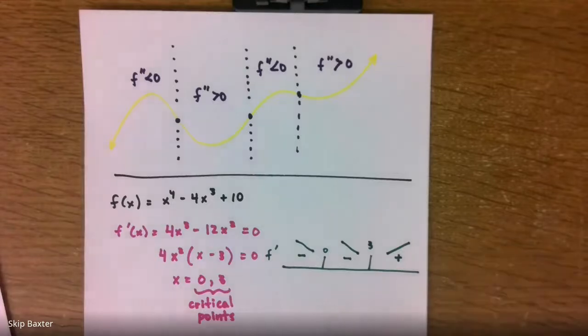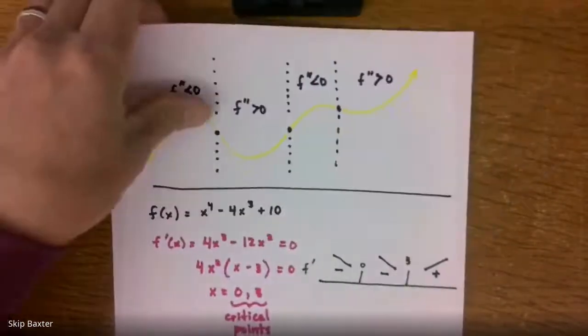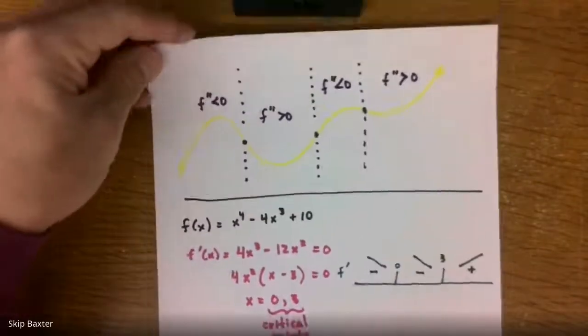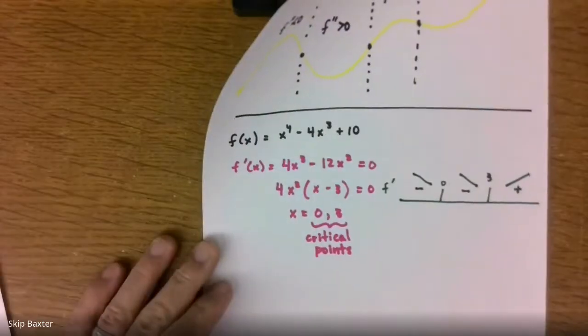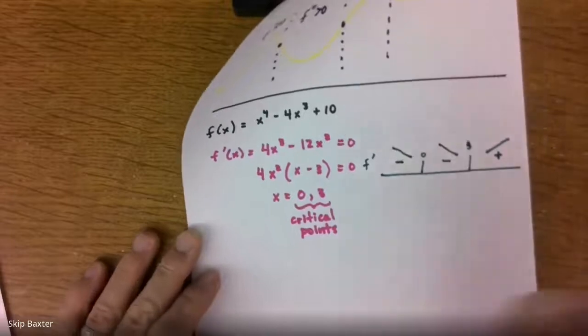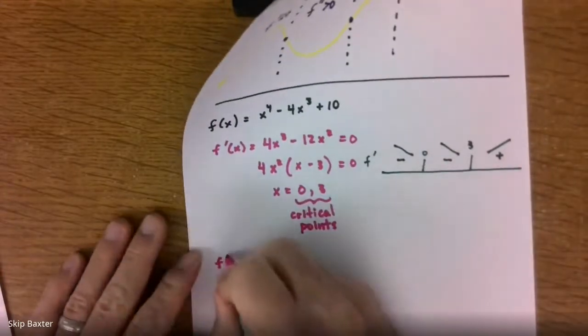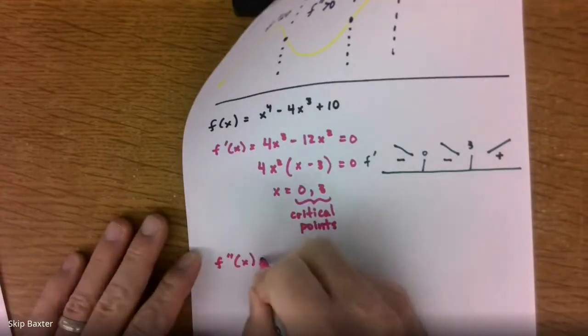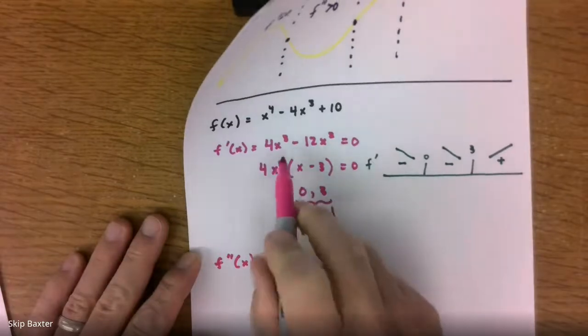Okay, so now I can do the second derivative analysis to determine concavity, right? So like, for example, in this case, I could just take f double prime. This would be, and here's f prime up here, right?